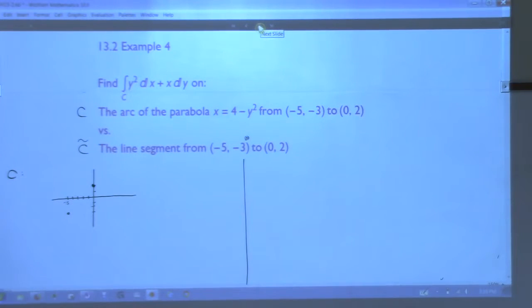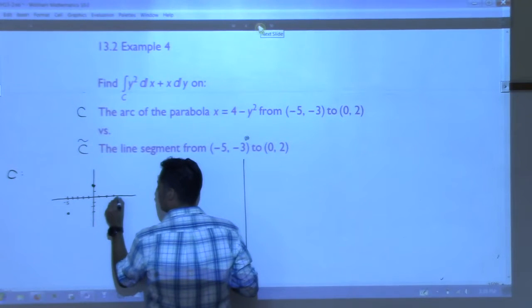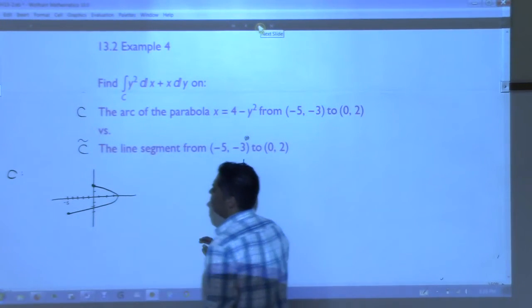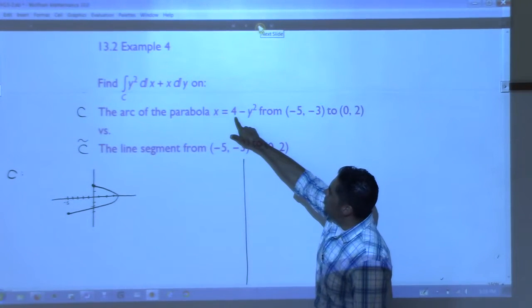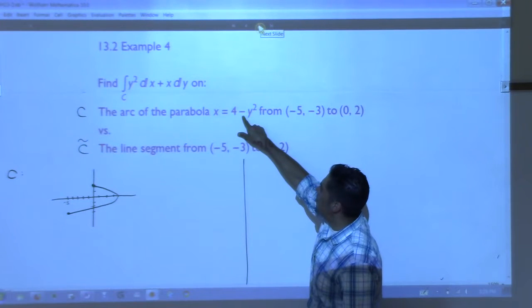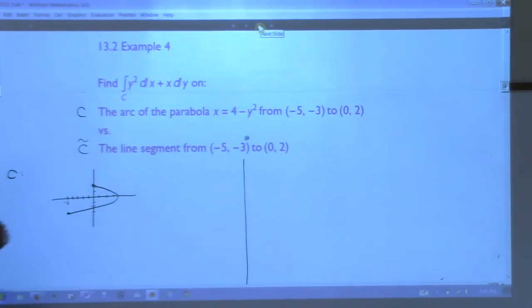It opens up sideways. We know it goes up to 4 because of this 4 right here. So this is like a parabola that opens down with height 4, but it's turned sideways. We good with that?